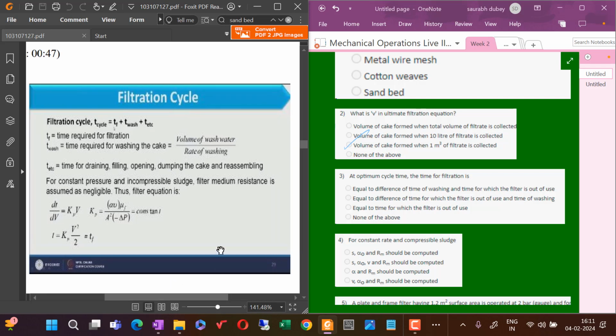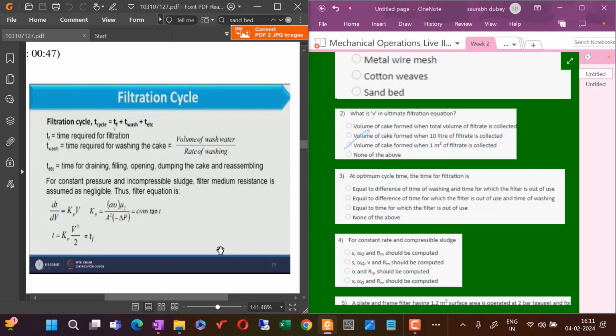So TF is the time required for the filtration, and T wash is the time required for the washing of the cake, and this is equal to the volume of the wash water per unit rate of the washing. And T_TC is the time for draining, filling, opening, dumping the cake, and reassembling it.